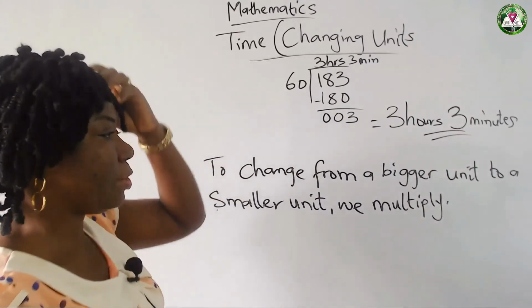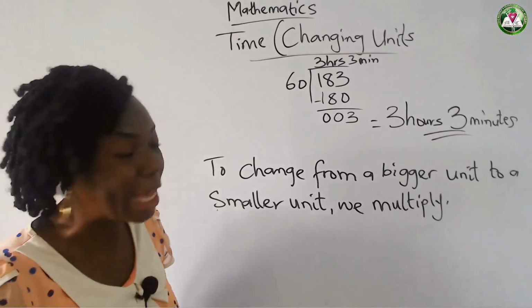To change from a bigger unit to a smaller unit, we multiply. Example.